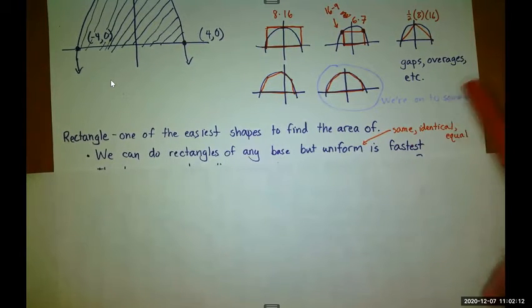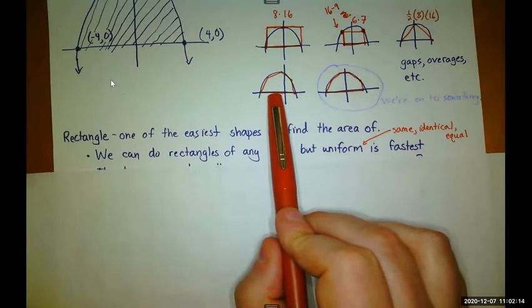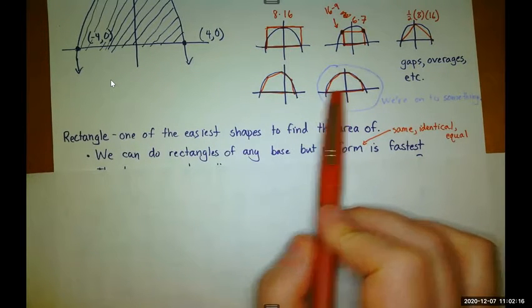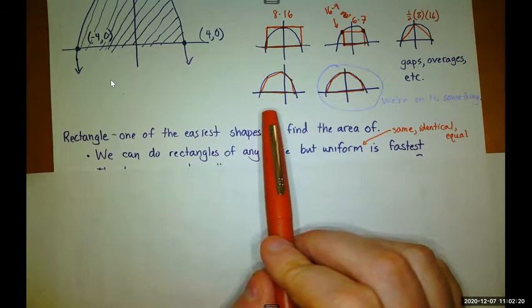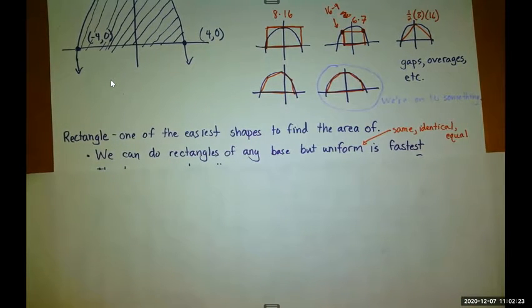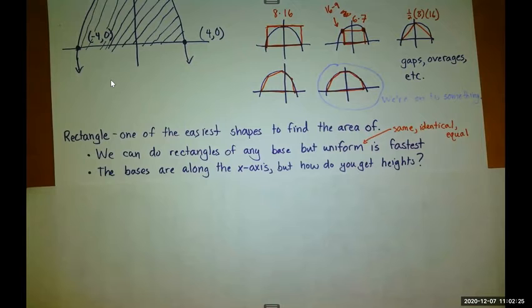We're going to have the same kind of situation as we do when we do a shape with more sides. We're going to have smaller overages and smaller gaps. So we're going to be more accurate. And those bases, those are always going to be along the x-axis. So that's the base. But what are we going to do with the heights?